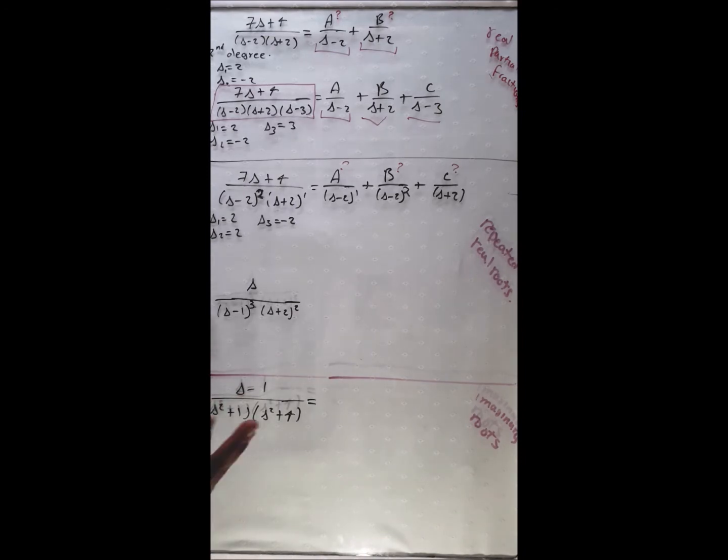Now for this example, you have s minus 1 to the power of 3, so it is repeated 3 times, and then you have s plus 2 squared, so the root is s equal to minus 2 but 2 times. So here s1 is equal to s2 is equal to s3, and that is equal to 1, and then s4 and s5 is equal to minus 2.